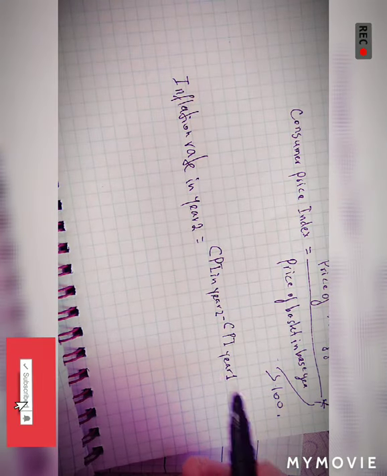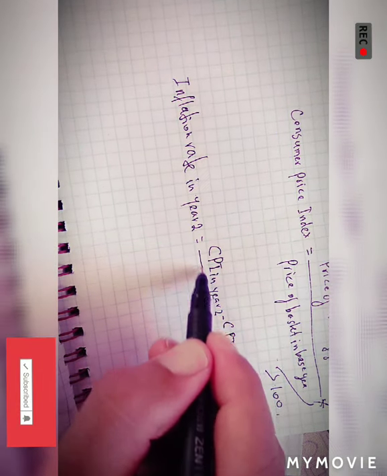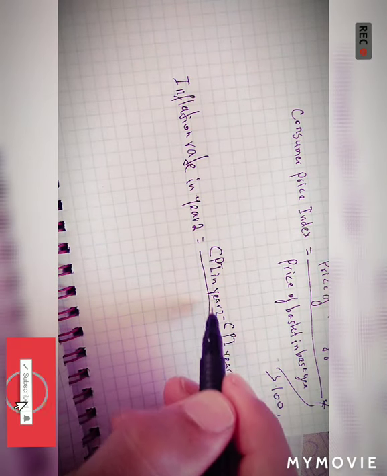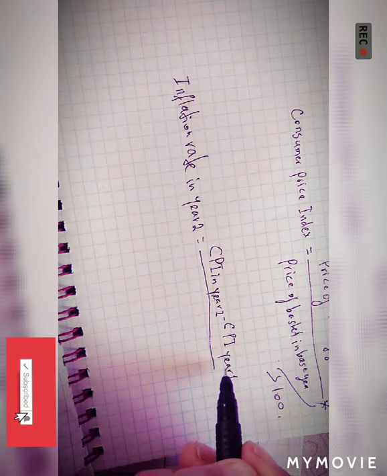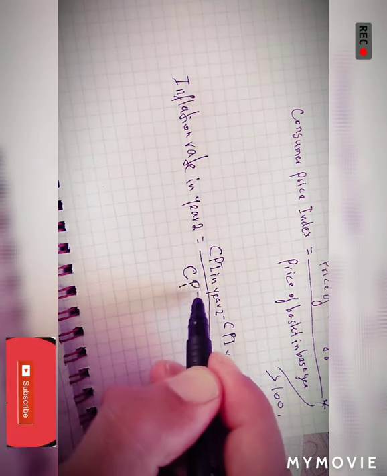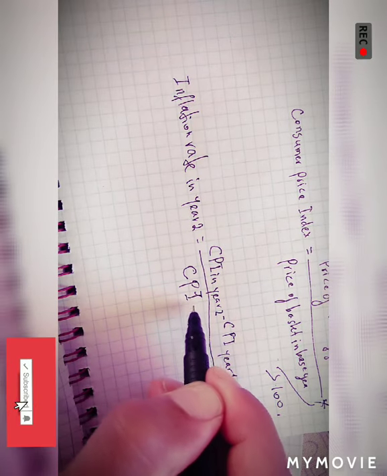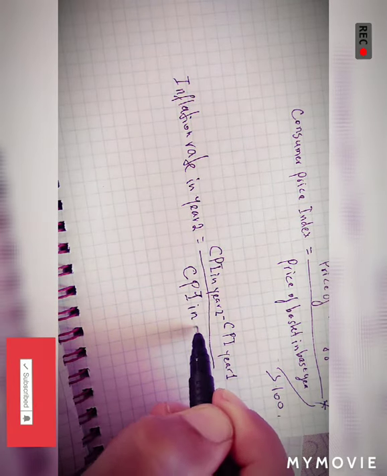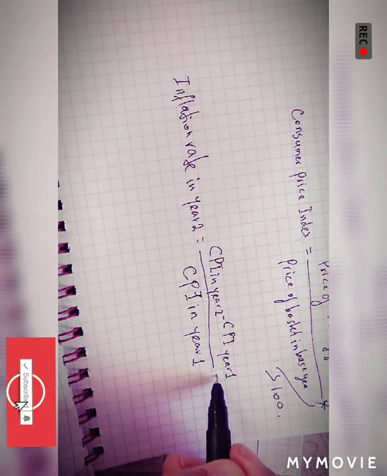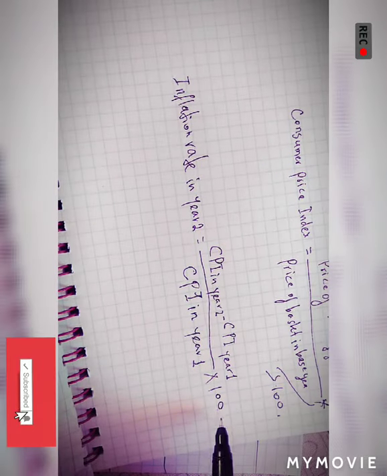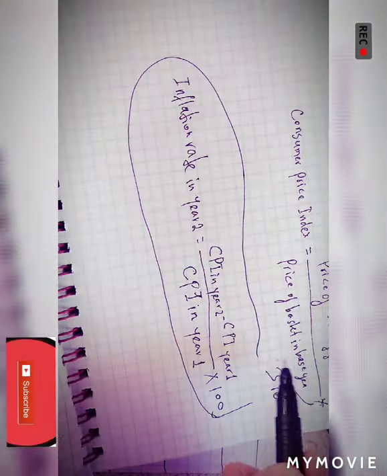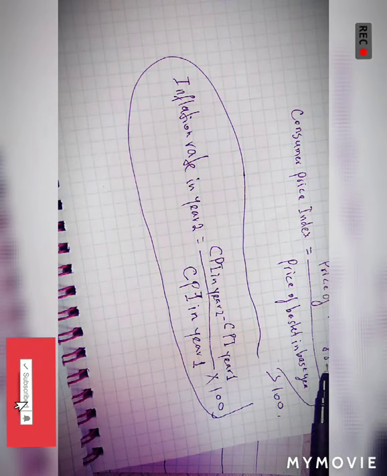As I mentioned, there are 2 years needed in order to calculate the inflation rate, right? So the inflation rate equals the CPI in year 2 minus the CPI in year 1, divided by the CPI in year 1, multiplied by 100. This is the formula for both the inflation rate and the consumer price index. Okay, guys.